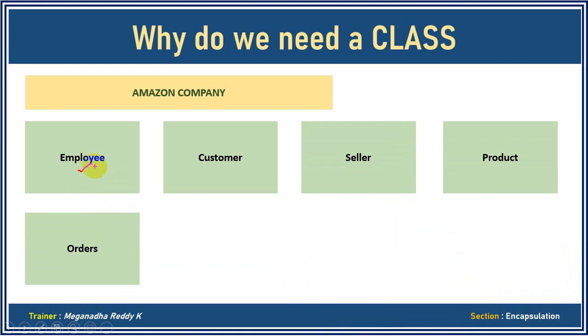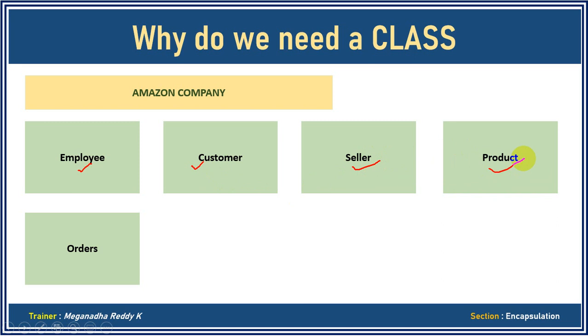And customer will have add customer, edit customer, delete customer, along with customer name, email address, mobile number. That's the data. Seller will have a class created for seller, with seller ID, what products he sells, and how to deal with that using add seller, edit seller.